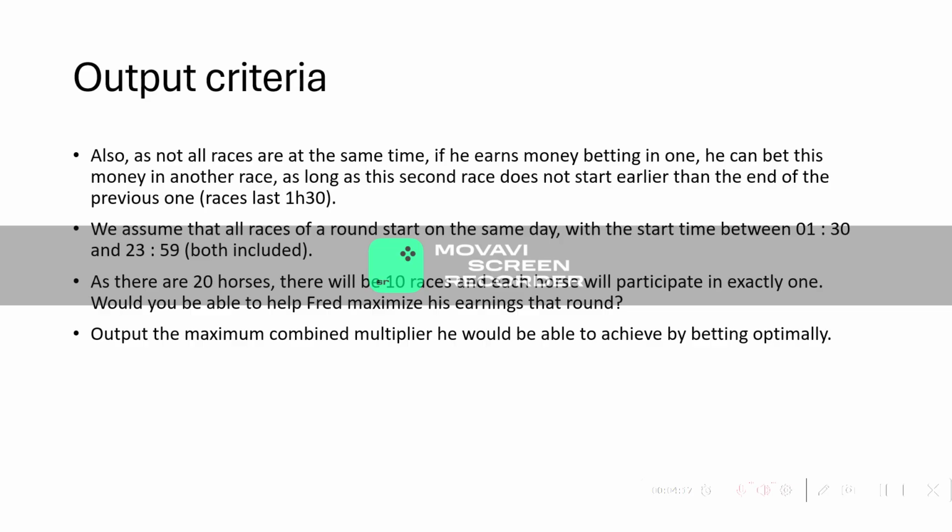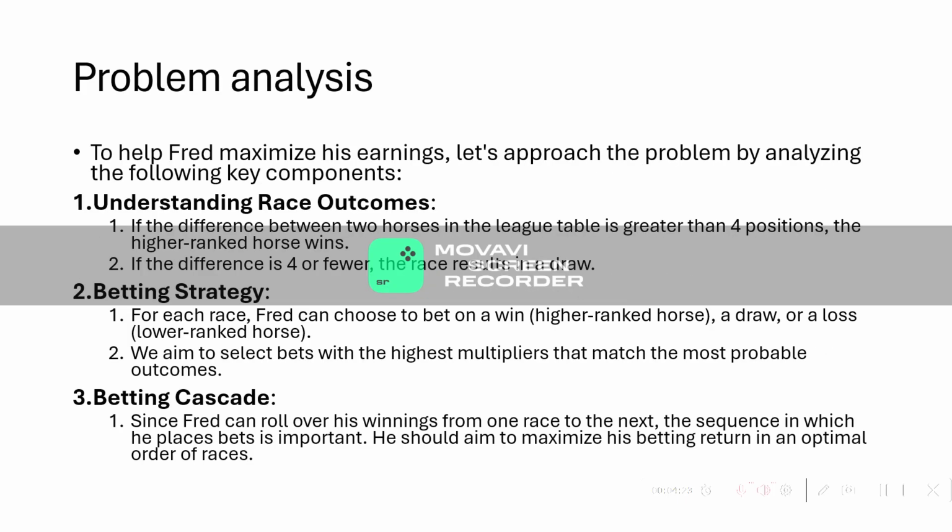Output the maximum combined multiplier he would be able to achieve by betting optimally. First, we can analyze the problem in key components. First, understanding the race outcomes.